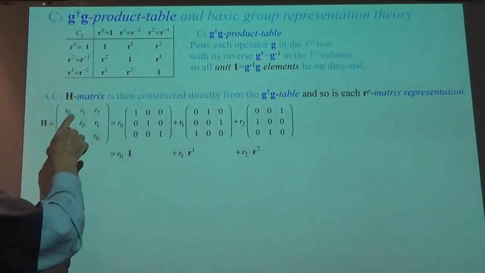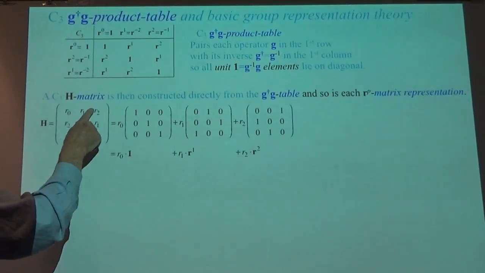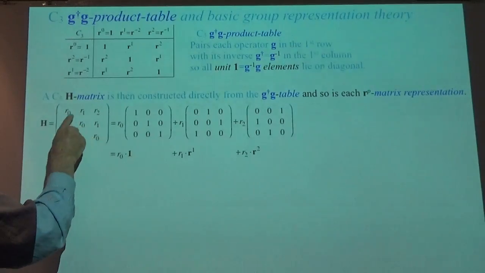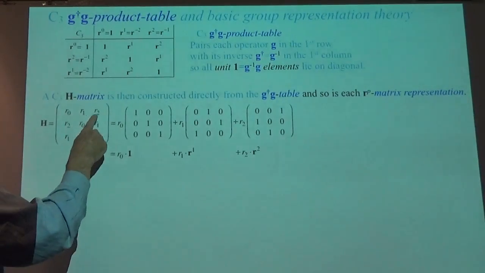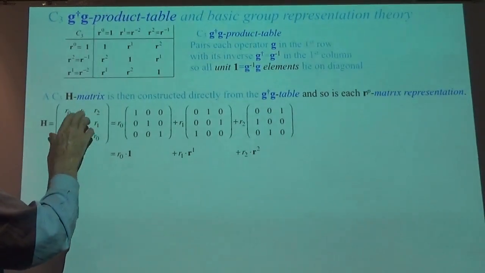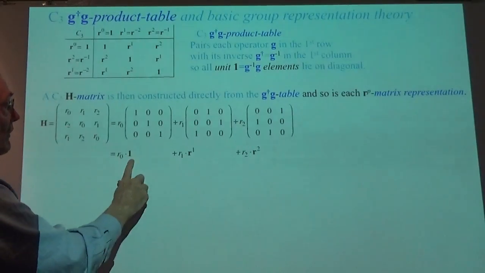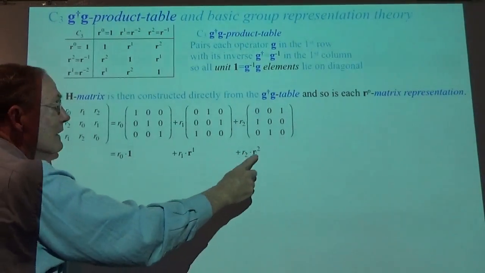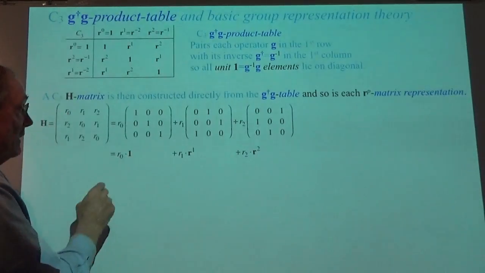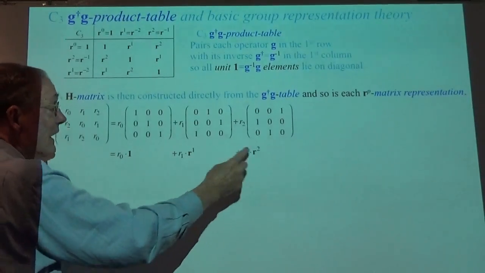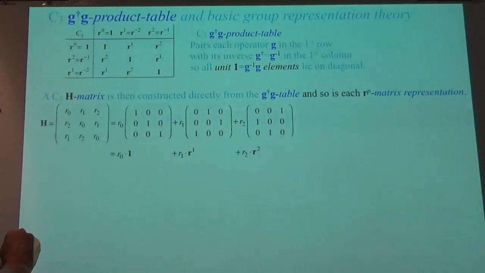But in any case, the idea is that a Hamiltonian can have this many parameters, 0, R1, R2, and these, now they're numbers. They're numbers, though, that are coefficients of the element whose power is indicated by the number, in this case, 0, 1, and 2. So that's kind of neat.